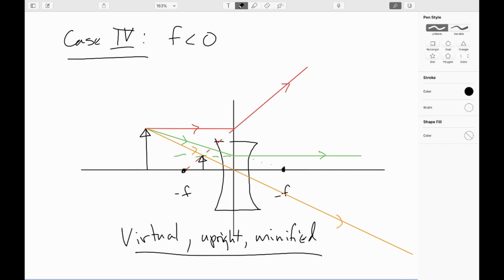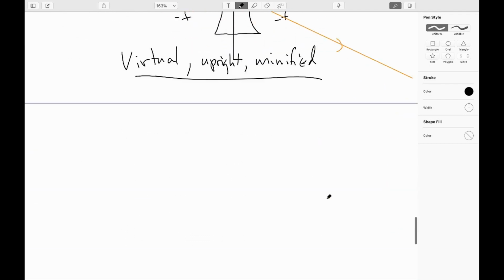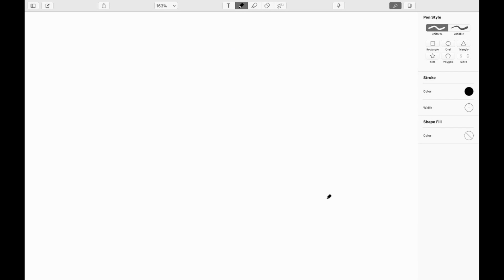Okay, and I thought I would end this one up by just doing one example numerically. So the one I thought to do was, there we go, optical axis.